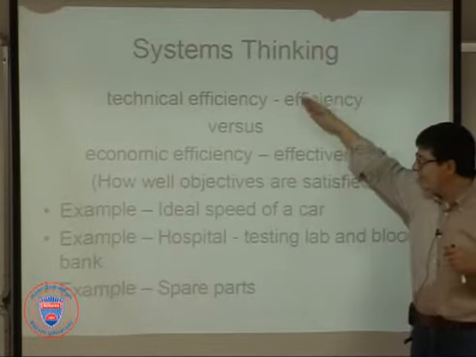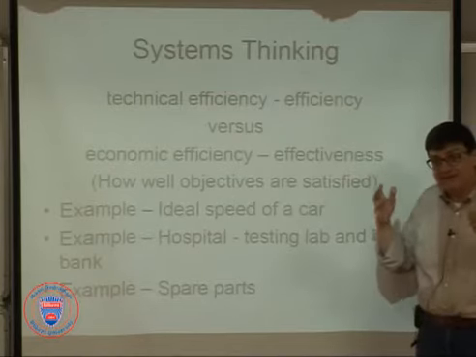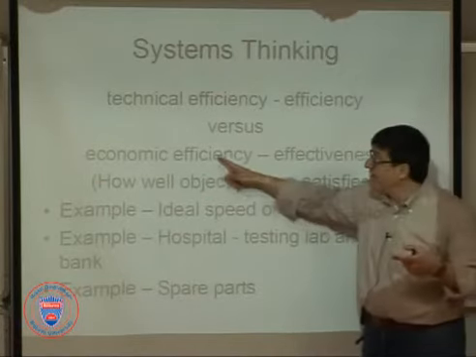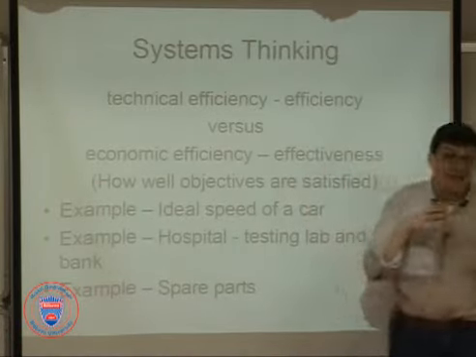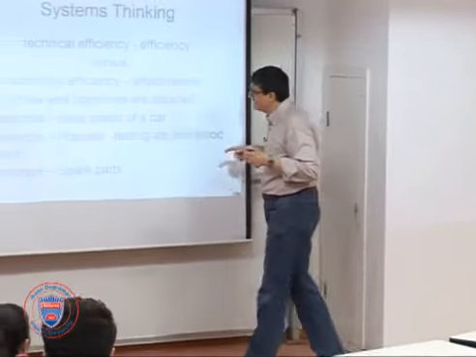So this is actually important to understand. And the systems thinking idea is basically to take efficiency and effectiveness into consideration at the same time. So that's more or less the idea.